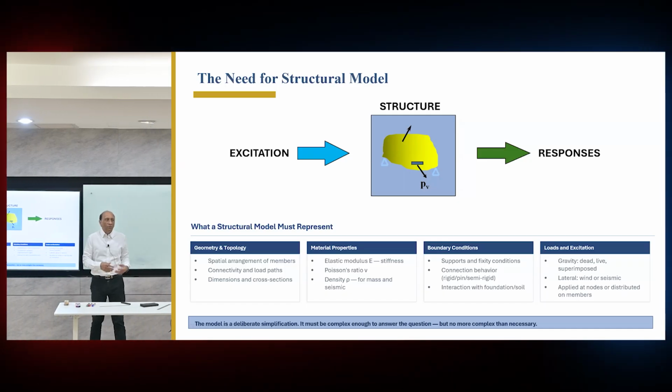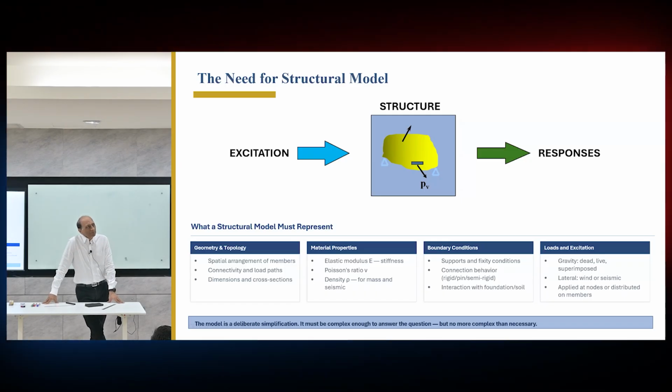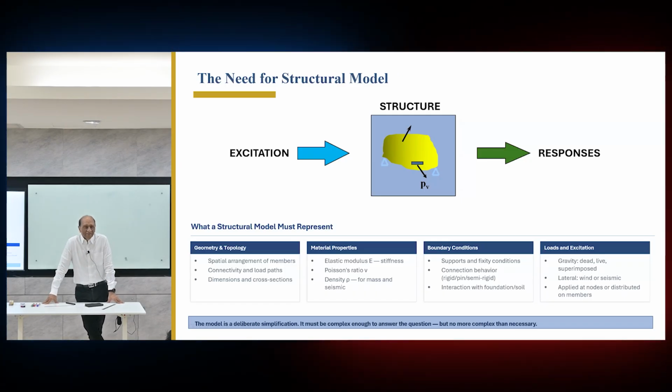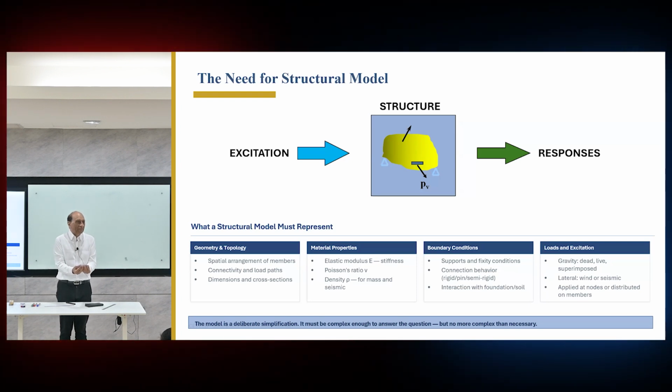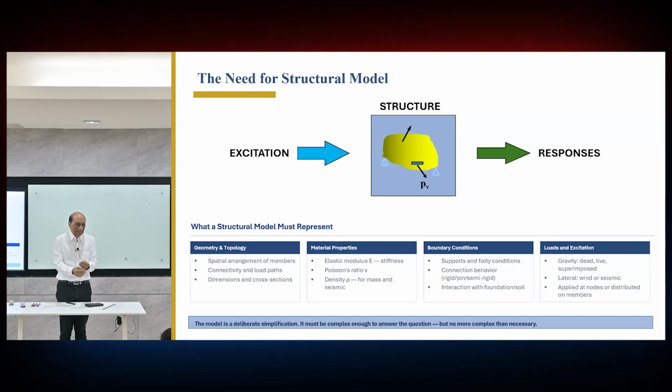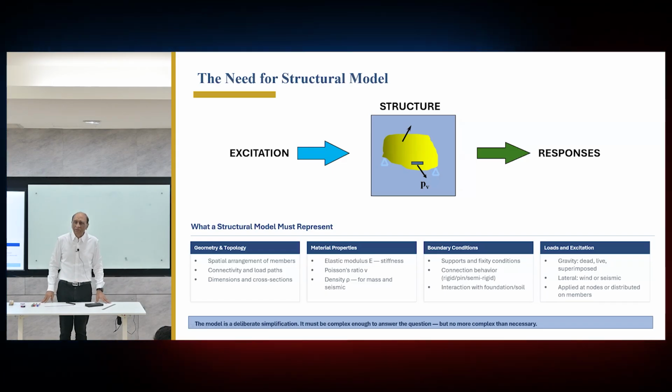Then boundary. How well can you represent the boundary? This is where people make, I would say, the most inaccurate and bad decisions. Complicated structure, very detailed, and at the foundation level, pin and fix support. They cannot see the foundations, they cannot see the soil, they cannot see the piles, they cannot see anything.